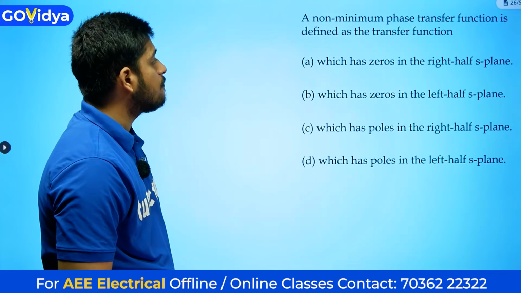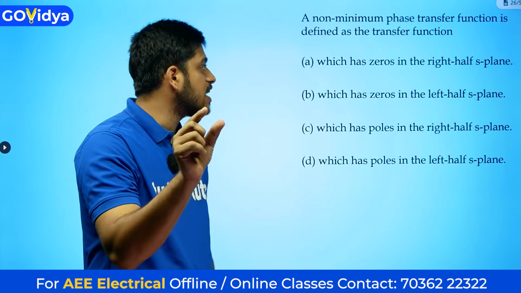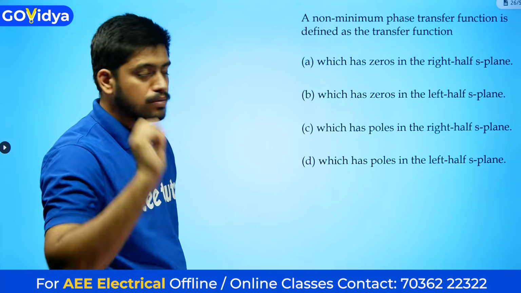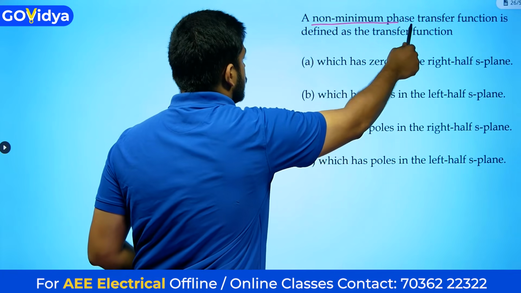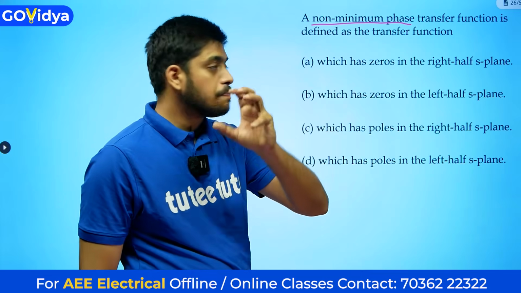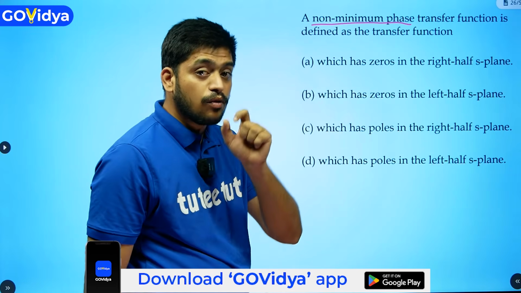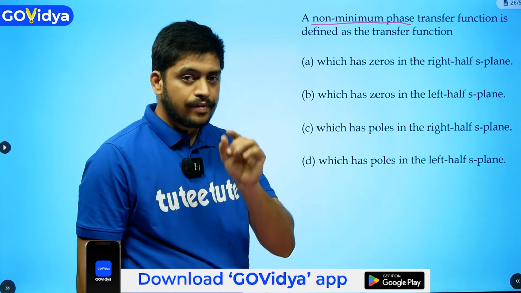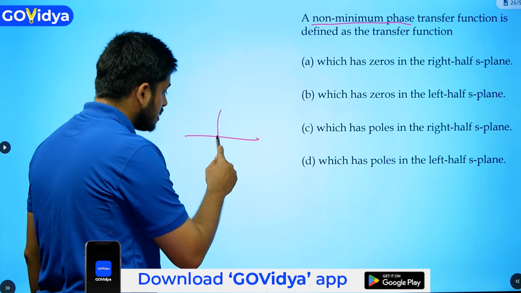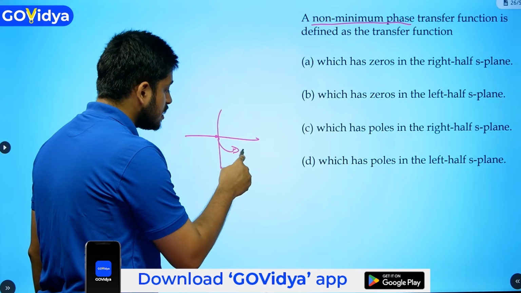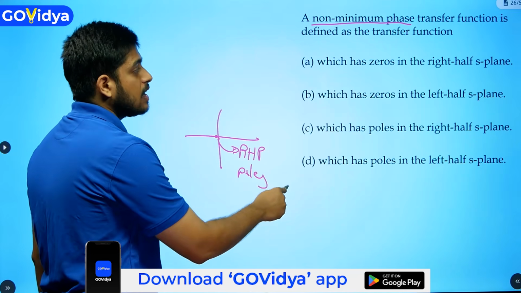A non-minimum phase transfer function is defined as the transfer function. Non-minimum phase system we have discussed in the previous problems also. It is not stable. When it is not stable, what are the conditions we have? Either after the zero, which is exactly at the origin, RHP poles should lie, then the system is totally unstable.